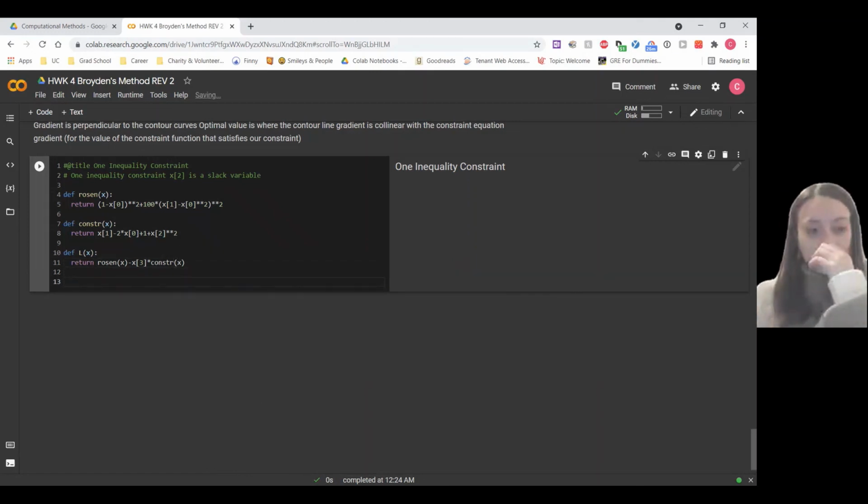So now we've defined our function for the Rosenbrock function, our constraint function, and our Lagrangian.